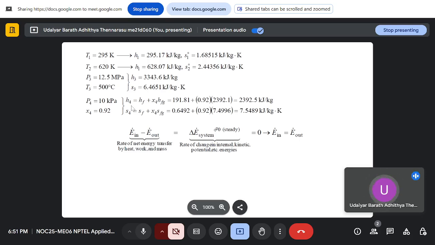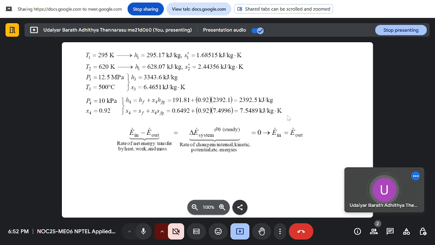So the enthalpy at state 4 is two phase: H4 is HF plus X into HFG. Substituting the values at 10 kilopascal, the enthalpy at state point 4 is 2392.5 kilojoule per kg and the entropy is 7.5489 kilojoule per kg Kelvin.